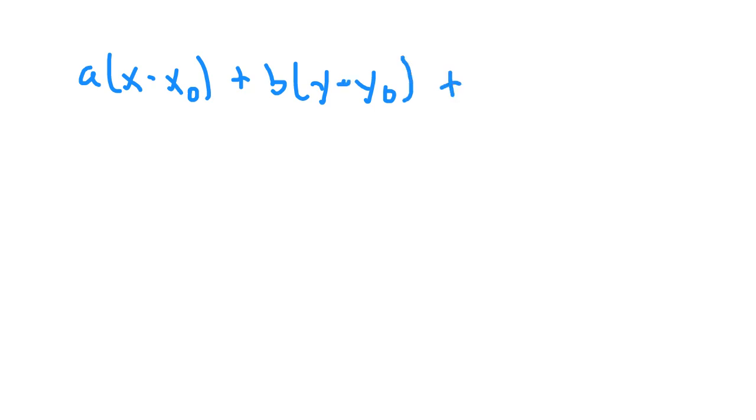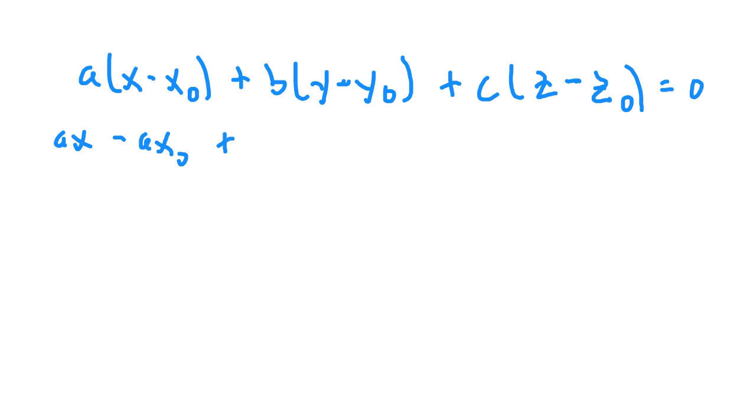Okay, so here we are. We have a times x minus x sub 0 plus b times y minus y sub 0 plus c times z minus z sub 0 equals 0. And on the left, we can write this as ax minus ax sub 0 plus by minus by sub 0 plus cz minus c times z sub 0 equals 0.